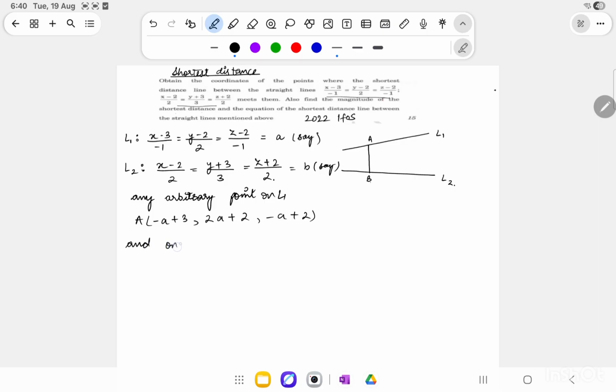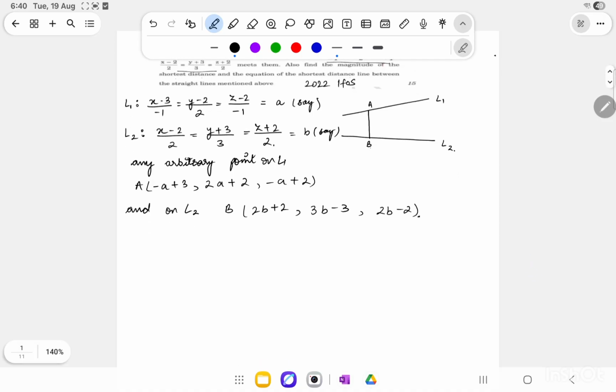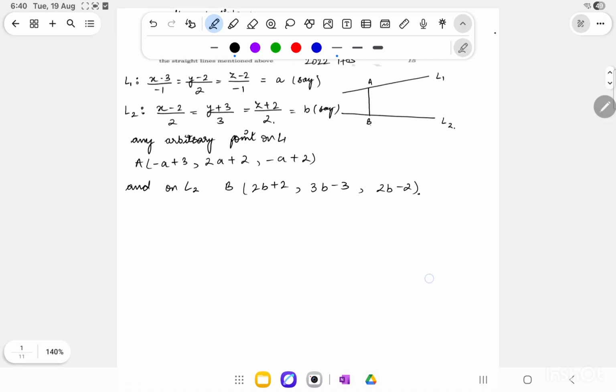And on L2 any arbitrary point will be of the form 2b plus 2, 3b minus 3, 2b minus 2. So these are my arbitrary points on lines L1 and L2.